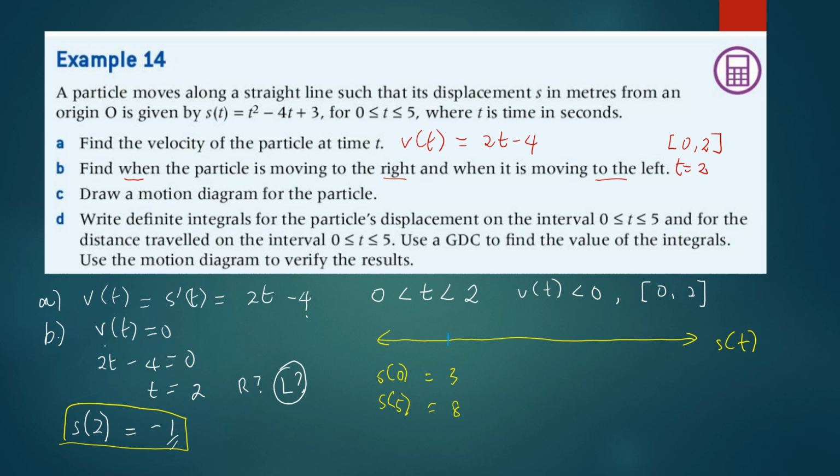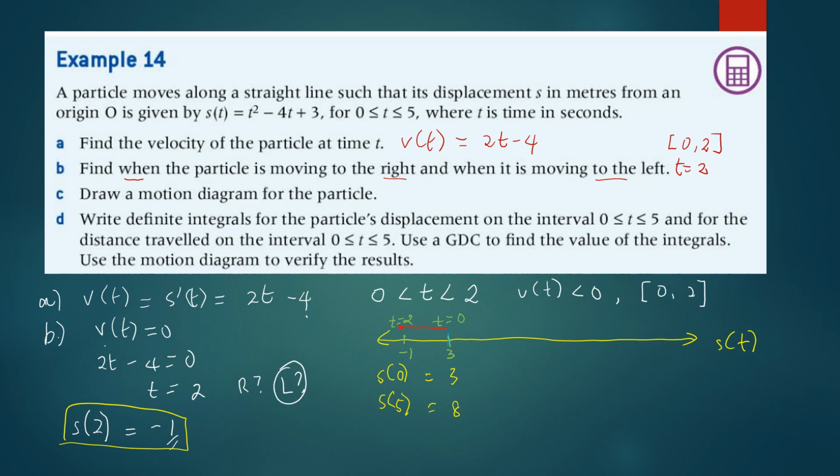Let's use this color. At time equals 0, we are on 3. And then at time equals 2, we are on -1. So the movement is from here to here.